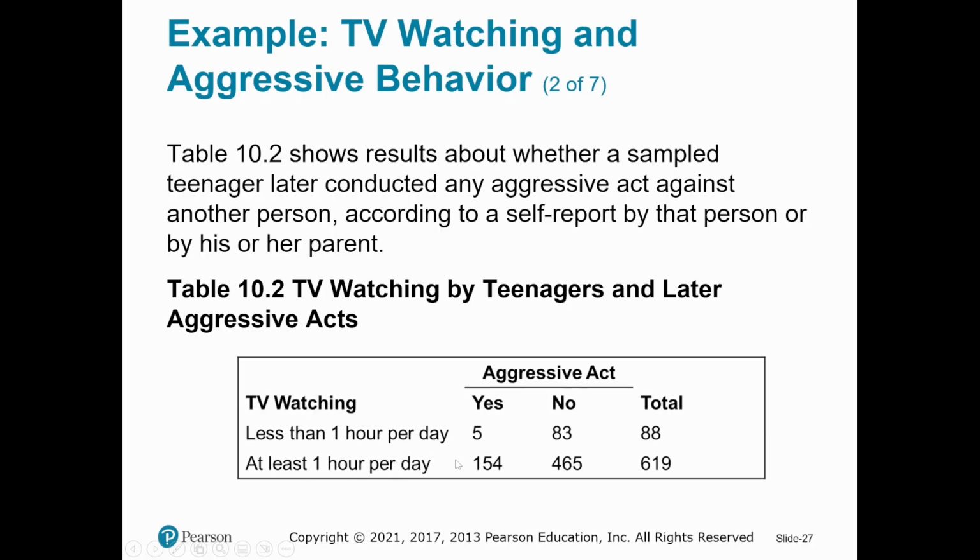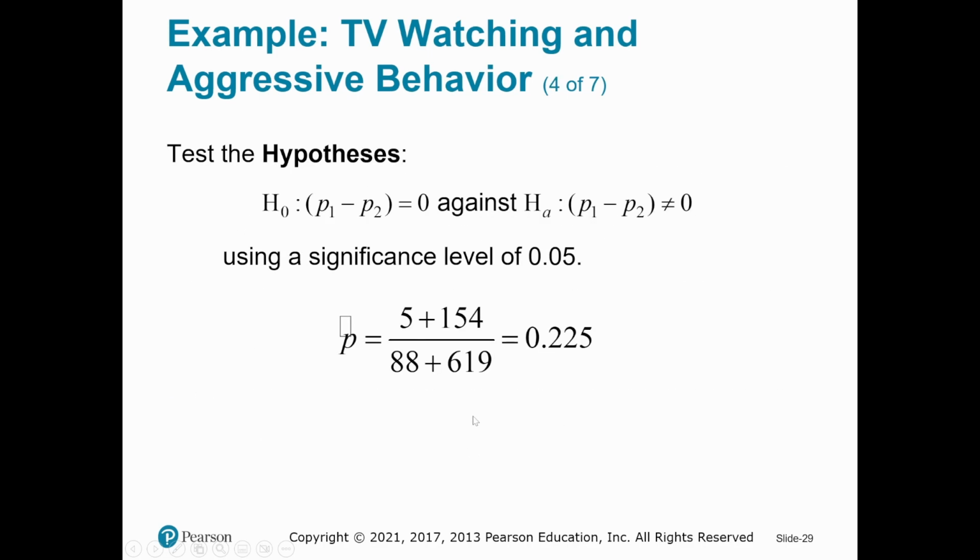And we got the 5 and the 154, and we're pooling them together, right? So this is a pooled population proportion, just like the pooled variance t-test that you learned in Stats 1, right? We're pooling that.